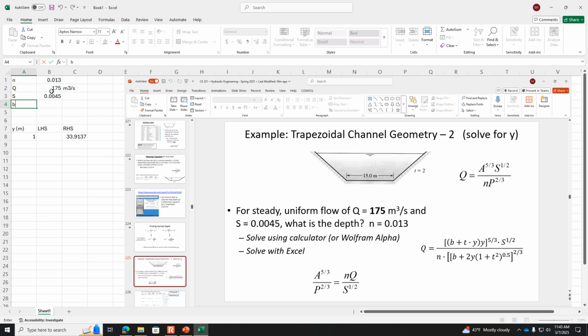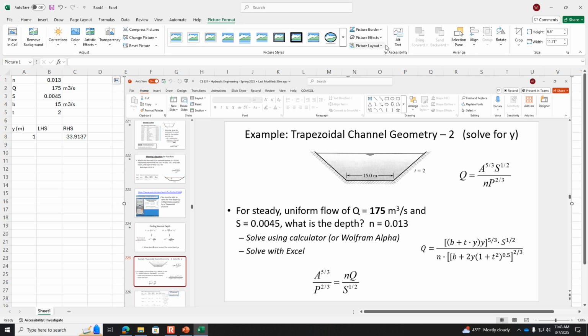So B is the bottom width, and that is 15 meters. T is the side slope of 2. Okay, so now the left-hand side of this equation, where I've just rearranged Manning's equation, is the area to the 5/3 divided by wetted perimeter to the 2/3. So let me just crop this a little bit so it's a little bit less busy.